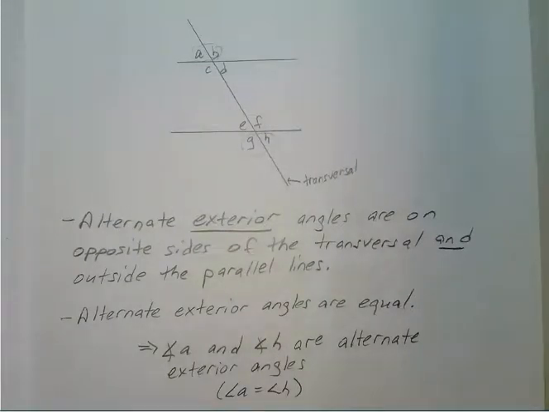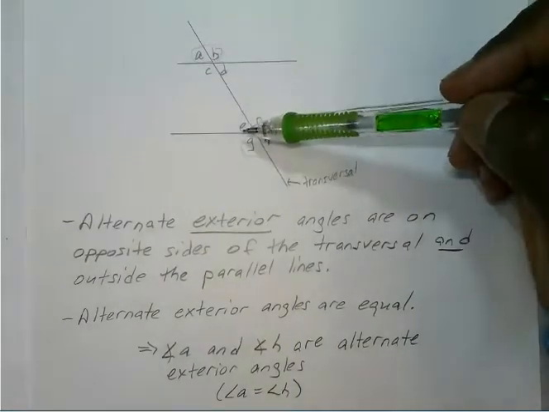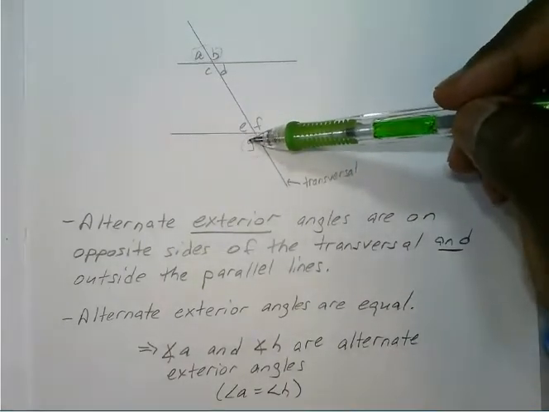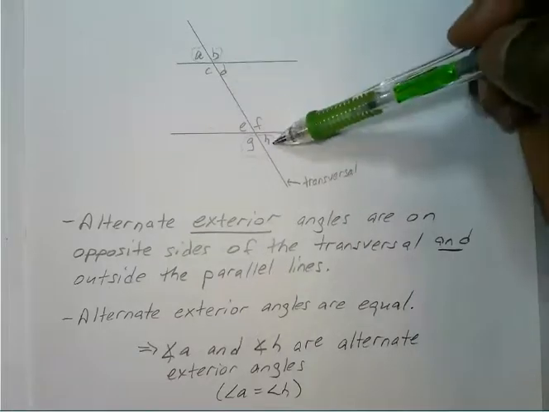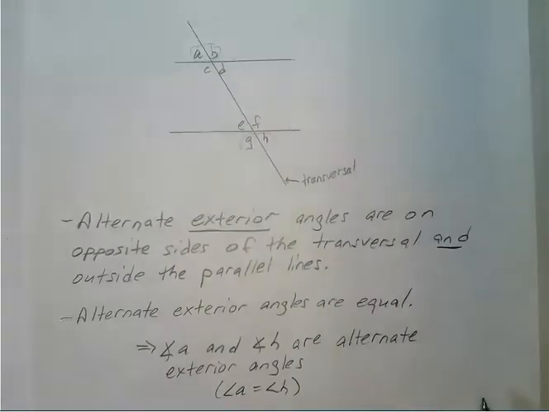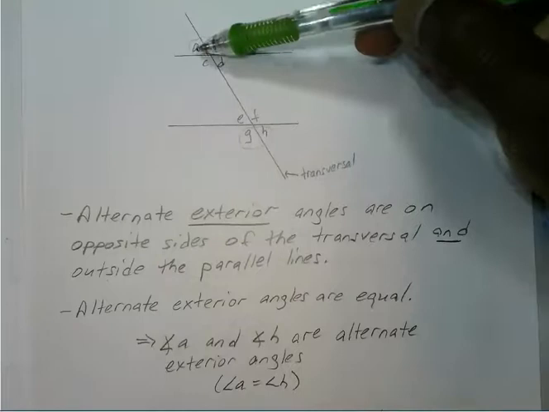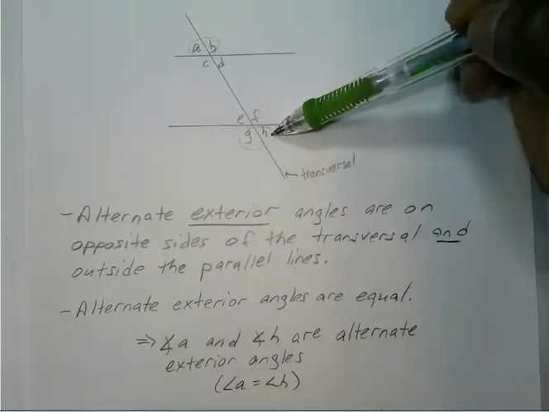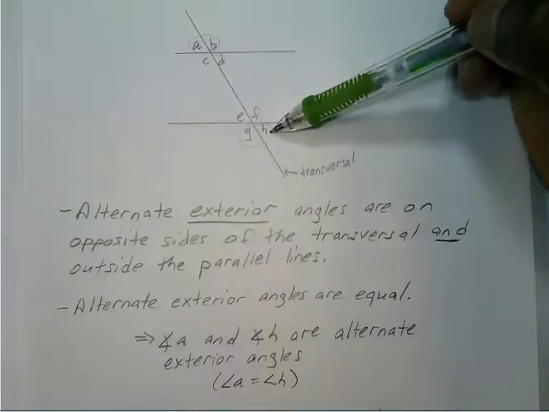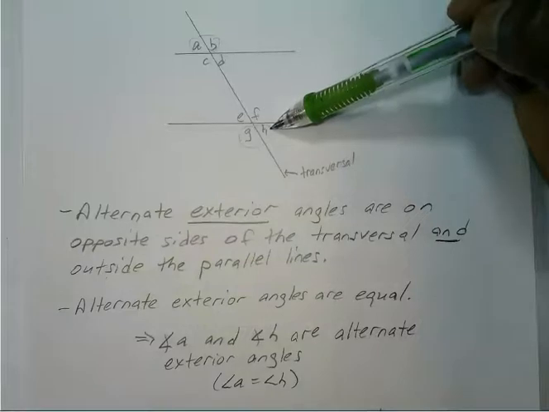When we're talking about alternate exterior angles, angle B and angle G are alternate exterior, and angle A and angle H are alternate exterior. If you notice, angle A and angle H are on the outside of the parallel lines and on opposite sides of the transversal.